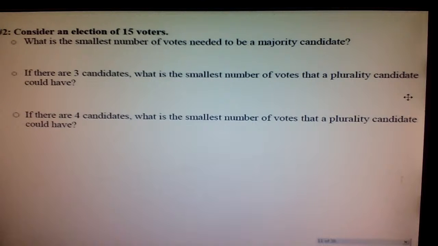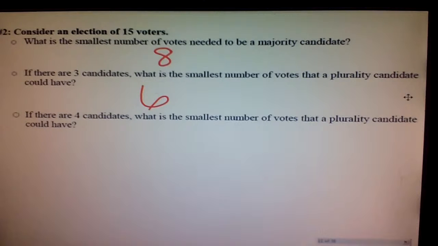So if you need half of 15 votes, what is that? What's half of 15? 7.5, and I need more than that, so I need 8. We're going to take 15 votes and share it amongst 3 people, so everybody can tie with 5, which means I need 6.